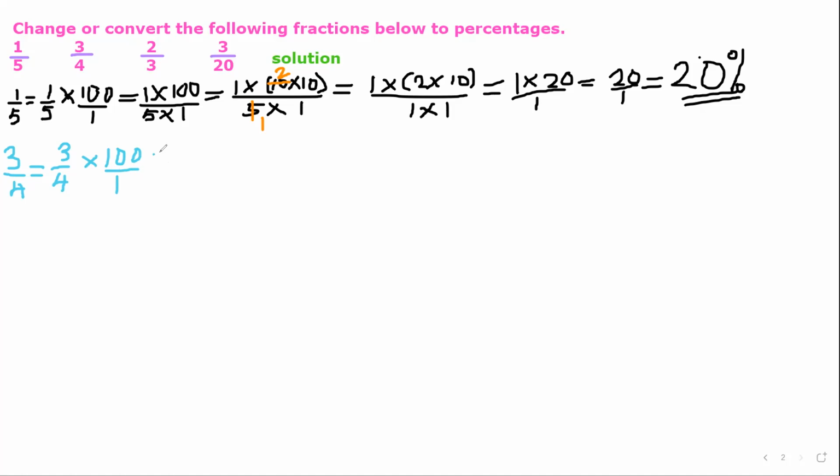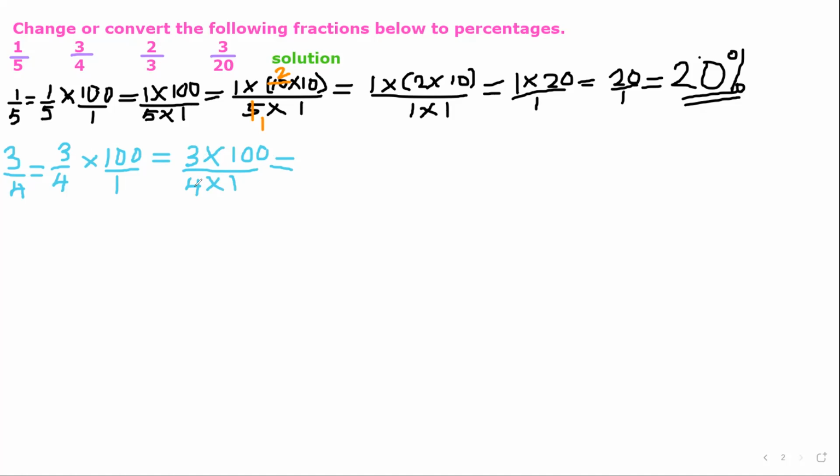Okay, good. Now the multiplication sign here means first multiply the numerators, and the numerators are the 3 times 100, all over the denominator, which is 4 times 1. This 4 multiplied by this 1. Because we can use a number to cancel the 4 and the 100, because the last digit here ends with 0 and this one is 4. It means the 4 and 100 are all even numbers.